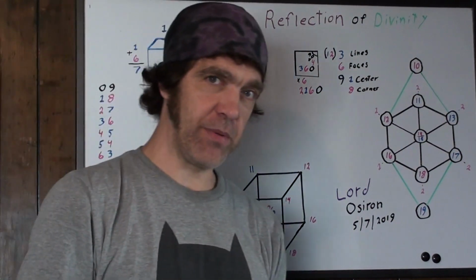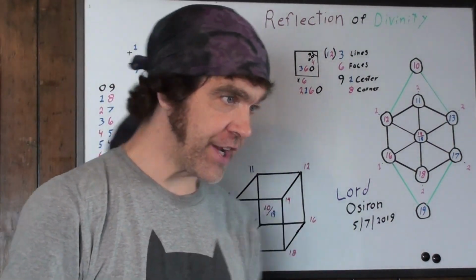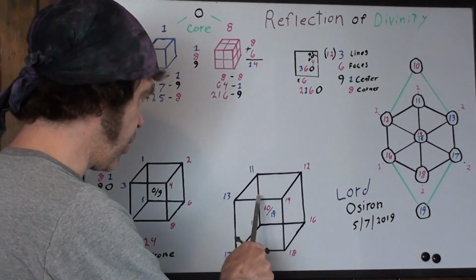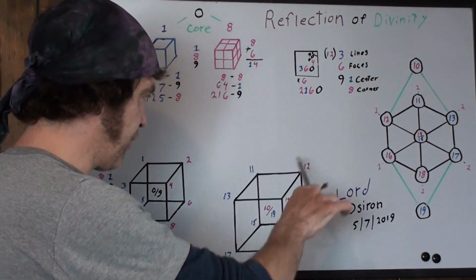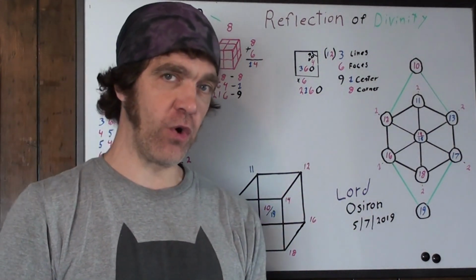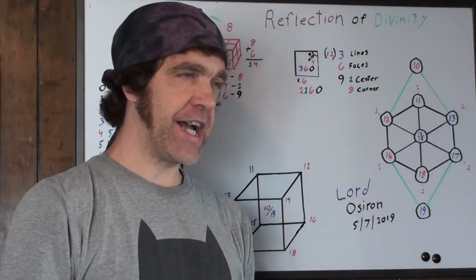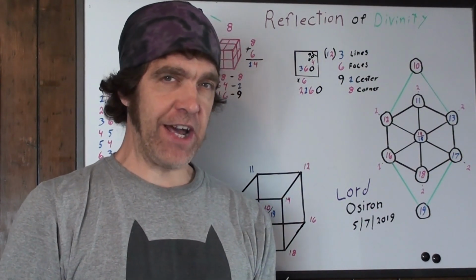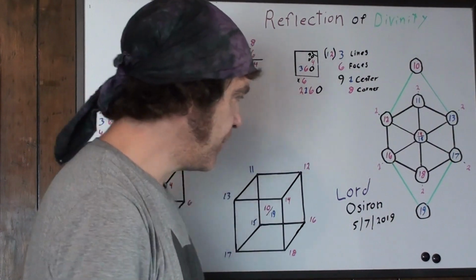So now the pips can apply to the cube. The court cards can actually apply to the cube as well. If you put one court card on each line, and then you have a cross line going from each corner crossways, that's how you could accommodate the court cards to the cube too. So you could actually say that the cube could accommodate every aspect of the tarot as well. There'll be more on that later.